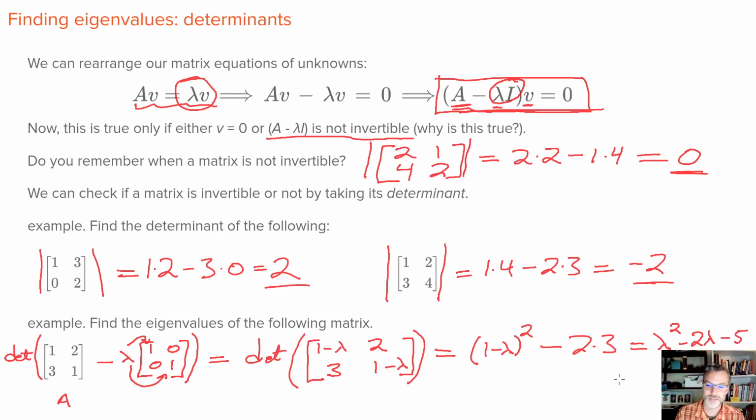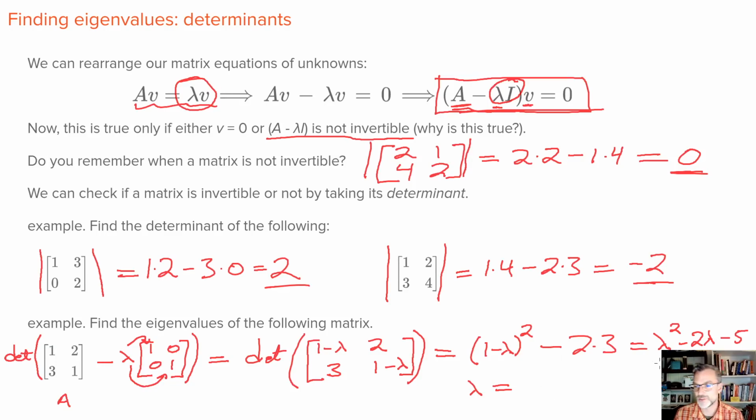Just double check that in my mind. And that looks good. So now we could find the lambda that satisfy this. And sure enough, these are going to end up being those eigenvalues.